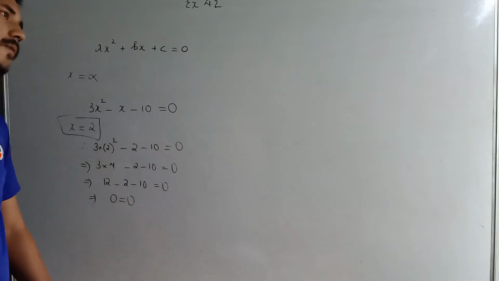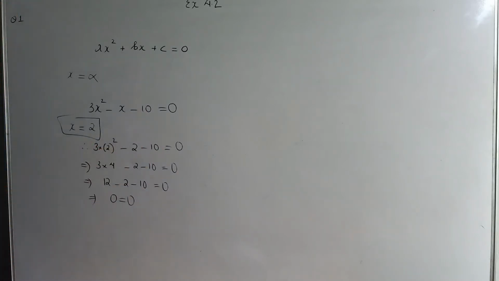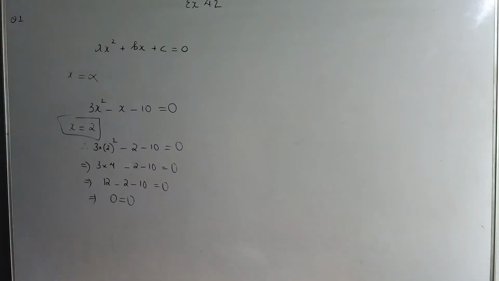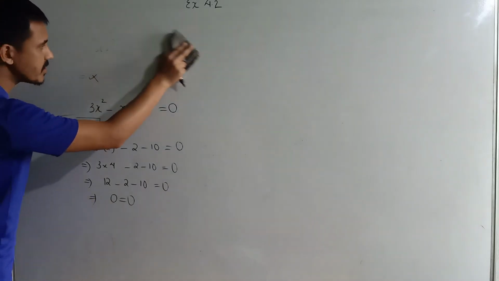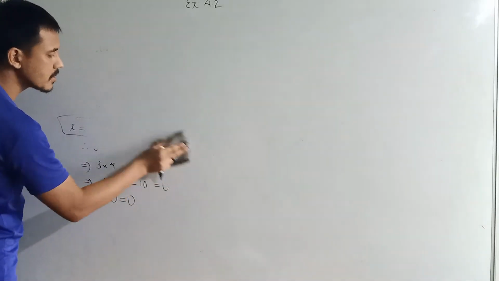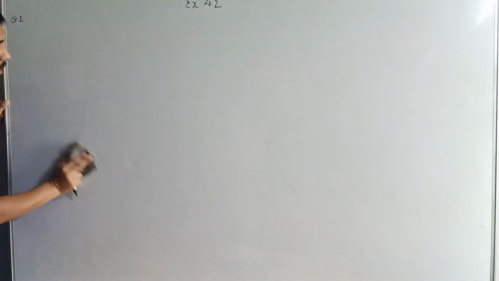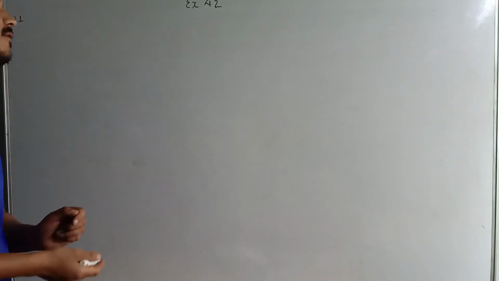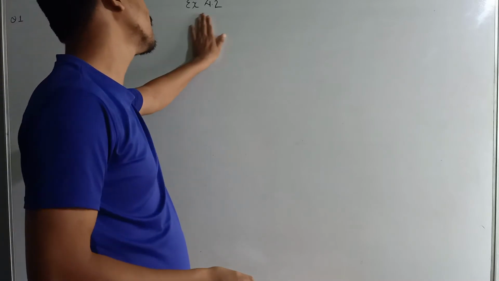For a quadratic equation, there can be at the most 2 roots. So there is a method of finding out the roots of a quadratic equation. The first method that we are going to learn is factorization, which is given in exercise 4.2 of your NCERT book.